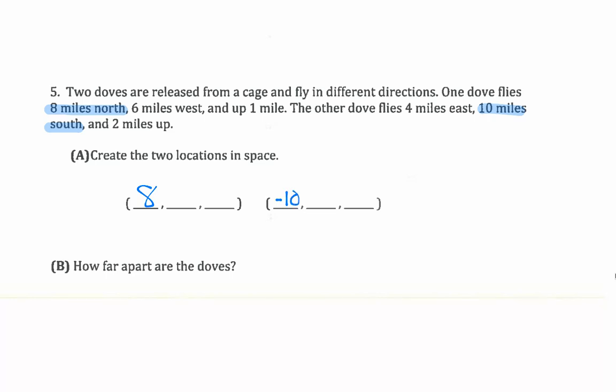And I made south negative to show that they're going in opposite directions. Then the one dove flies 6 west, the other one goes 4 east. So west is a negative direction, east is a positive direction. And then up 1 mile and up 2 miles. So they're both going to get a positive number there. And that's how we create the ordered triple.